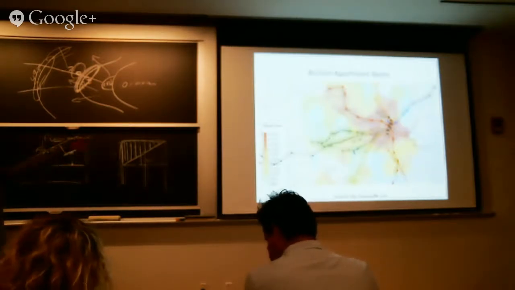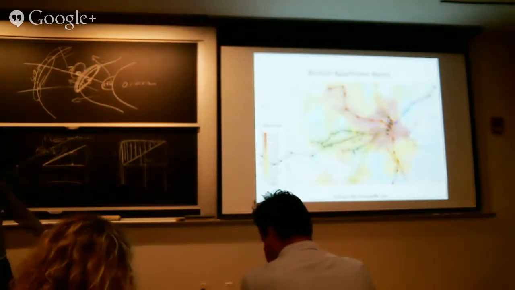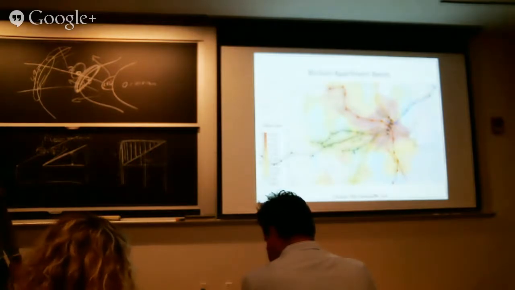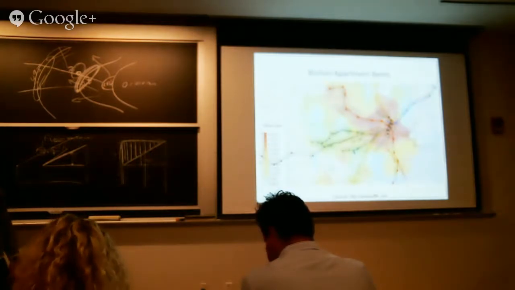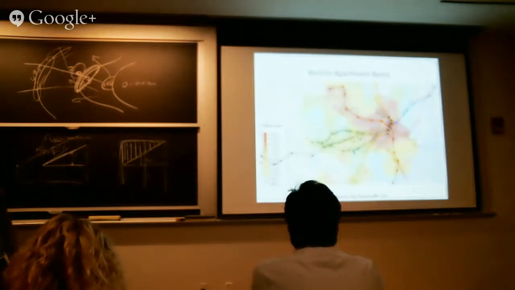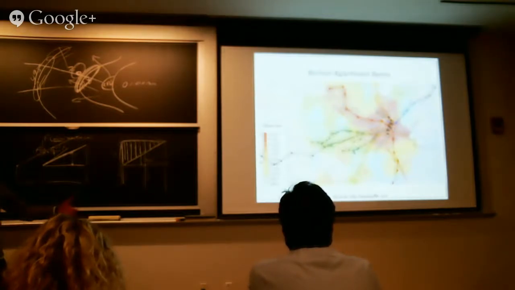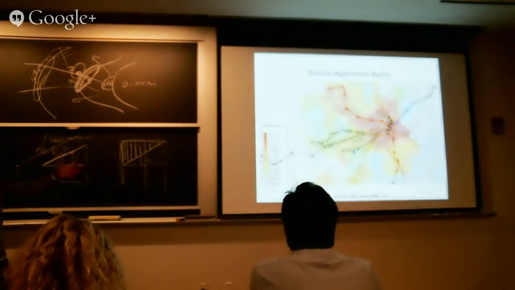You see the red line also is a really high rent indicator. You're going to commute faster to your workplace, so it's kind of the same as living closer to the city. But you can also see that it's not a perfect circle.